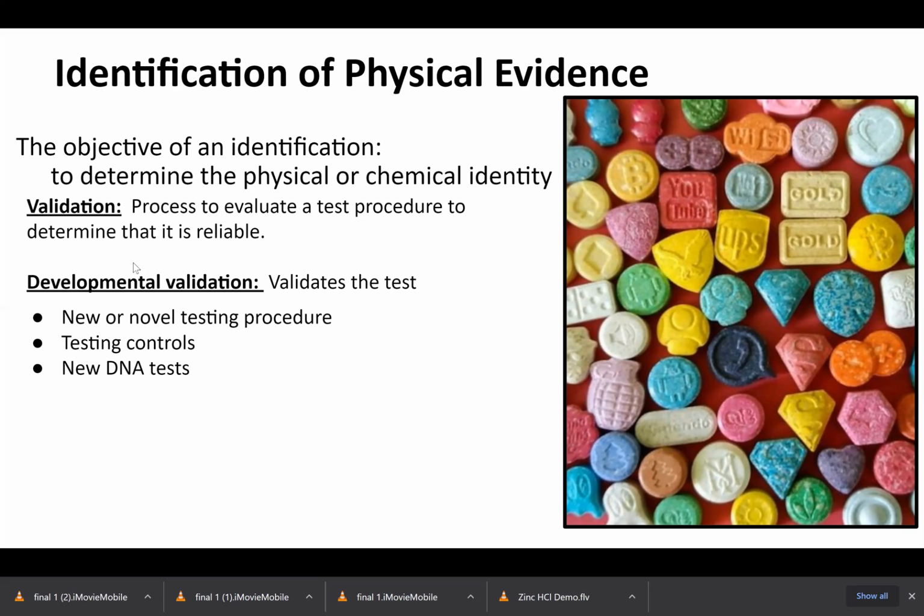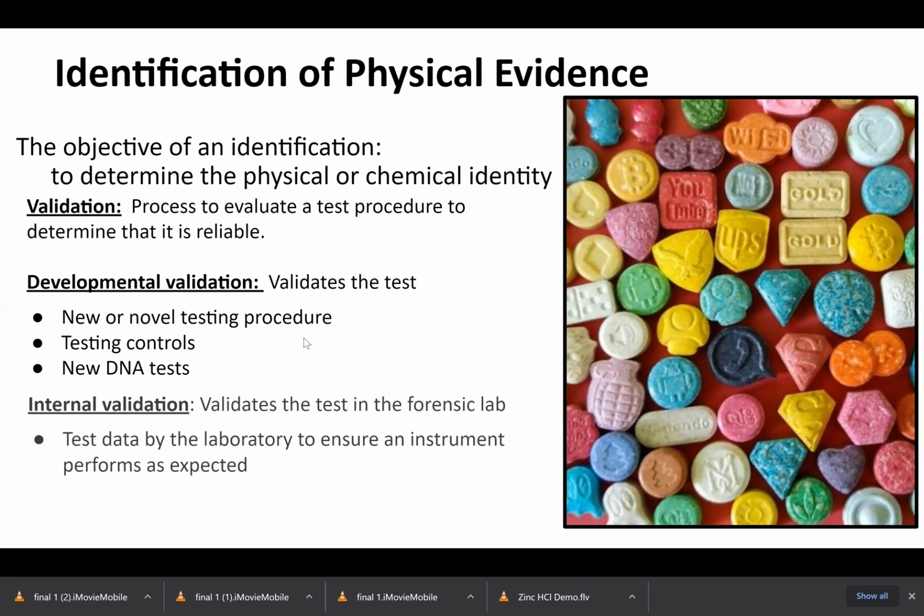There's developmental validation, which validates the actual test to see, can this new test procedure tell us what we want it to? What kind of testing controls might be needed? And there's a lot of new DNA tests that are coming down the pike. And then after developmental validation, you have to do an internal validation, which verifies that the test is reliable and reproducible in a particular lab.